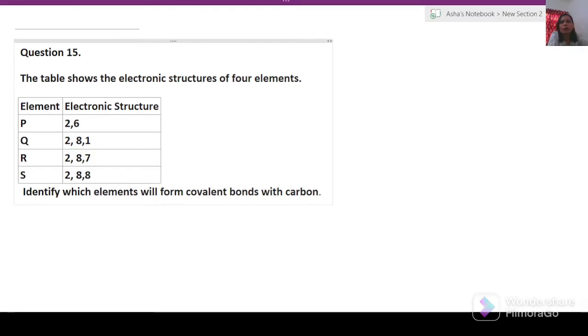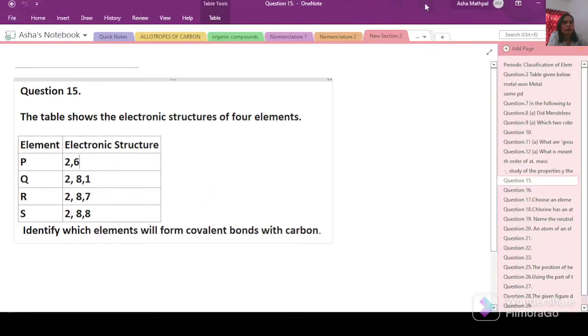Now if you see P here, it has electronic structure 2,6. That is, it has 6 valence electrons in its outermost shell, so its valency is 2. Q is 2,8,1, so its valency is 1.